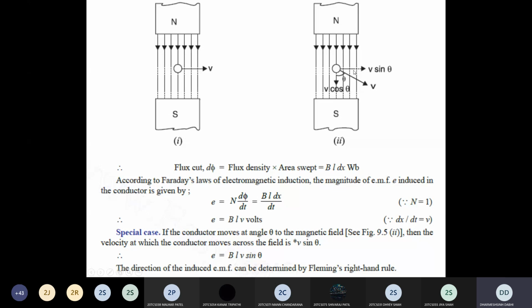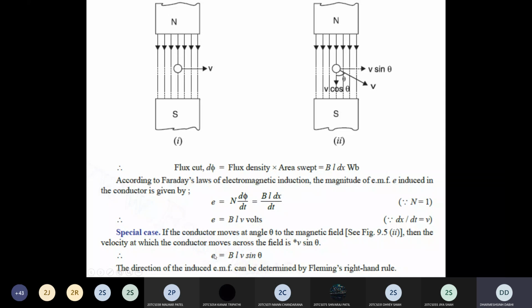Clear? And as we know, EMF is induced when the conductor is moving at right angle to the direction of flux. So if the conductor is moved at angle theta to the magnetic field, then the velocity at which the conductor cuts the flux is v sin theta.